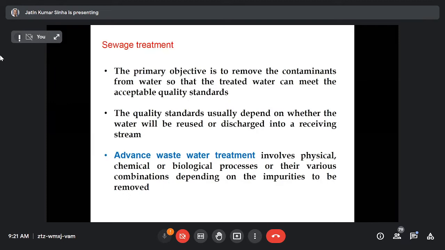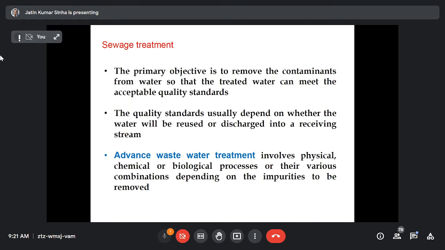First we will start with the sewage treatment. So the primary objective is to remove the contaminants from water so that the treated water can meet the acceptable quality standards. This acceptable quality standard depends on the end use of the water. If it's for agriculture purpose, then we don't need to go for the advanced treatment, because the advanced treatment is basically for the drinking purpose.